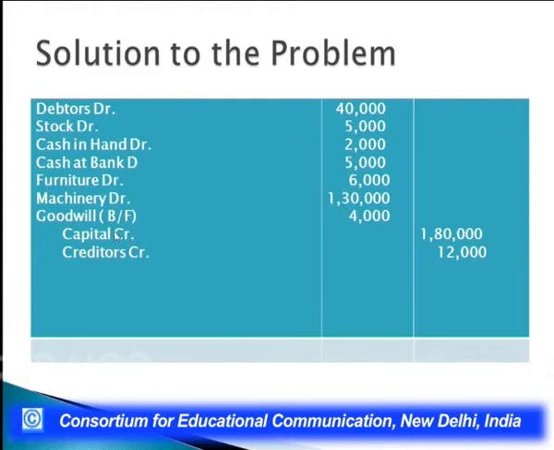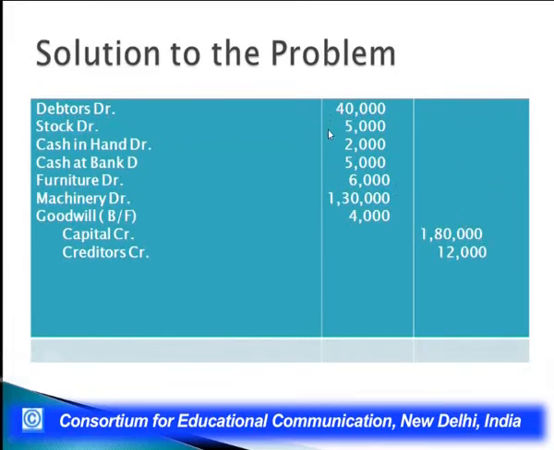What I have credited is capital, which is very much given in the question, 1,80,000, and creditors again are liabilities. So capital and liabilities would be credited, the normal balance is credit, so 12,000. So what is the total coming out on the credit side? 1,80,000 and 12,000. It means the total of the credit side is 192.